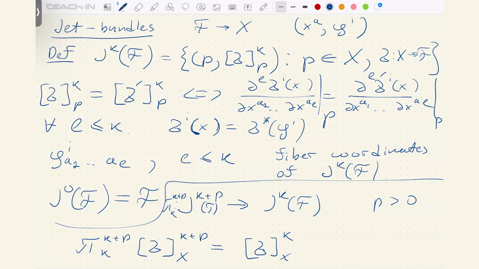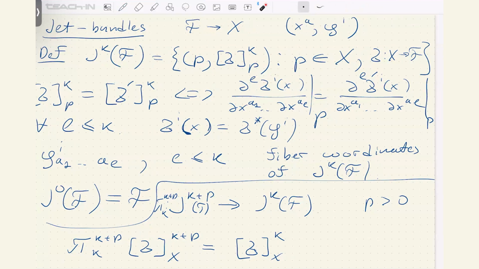Which is more rough. Because if we take an equivalence relation where we ask all derivatives to order k plus p to coincide, here we only ask derivatives of order k to coincide. So there is this canonical projection, and we can write the following sequence, which never ends. So here we have j^k, here we have j^k. I skip this f, otherwise it's too heavy.